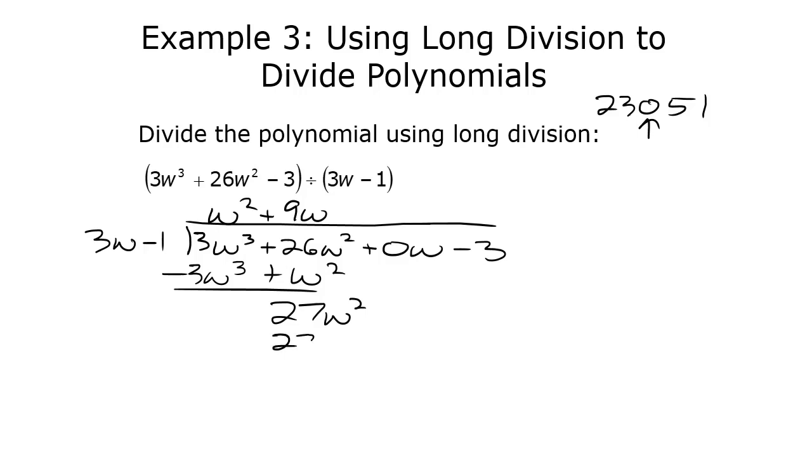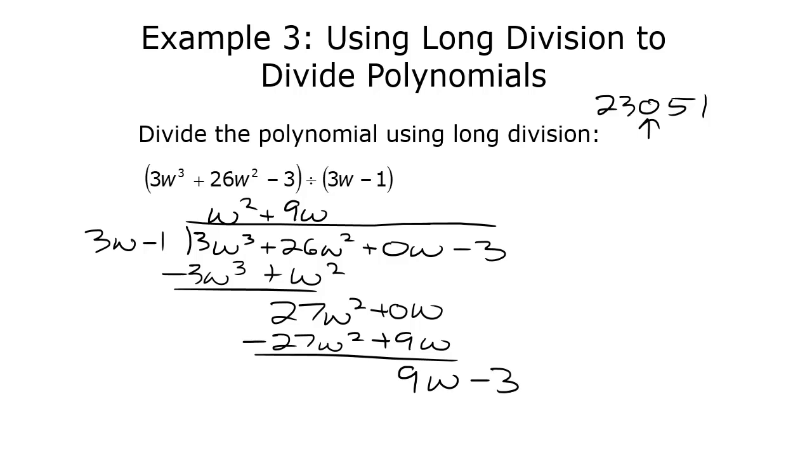So that's 27w squared. Haven't messed that up. 9w times minus 1 gives me negative 9w. Bring my 0w down here. Change signs and add. Leaves me with just 9w minus my 3.